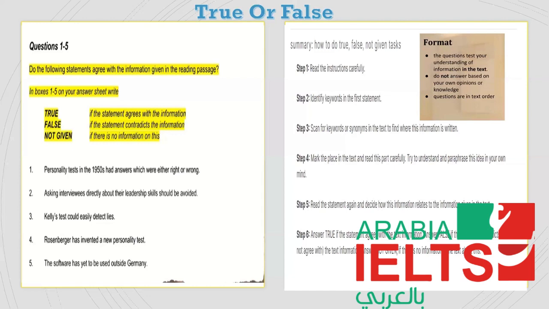You have to understand. And then you match what you understand from the text to the statement that you have.